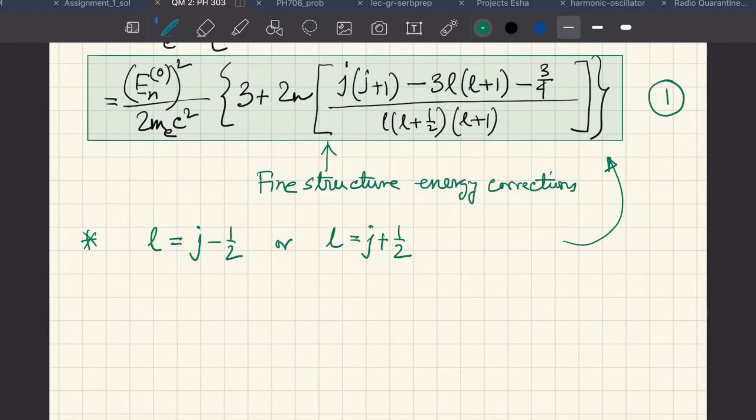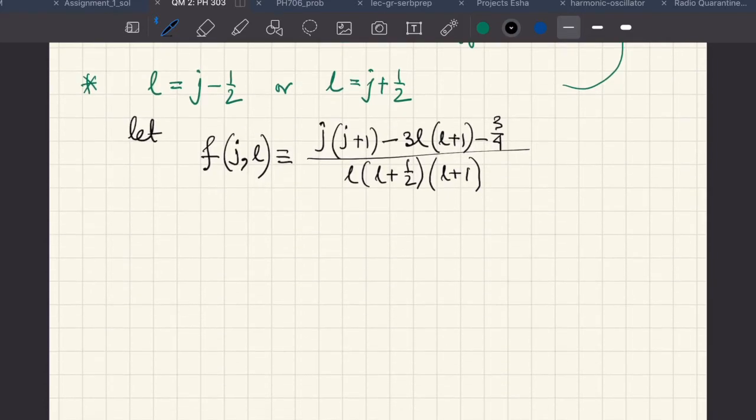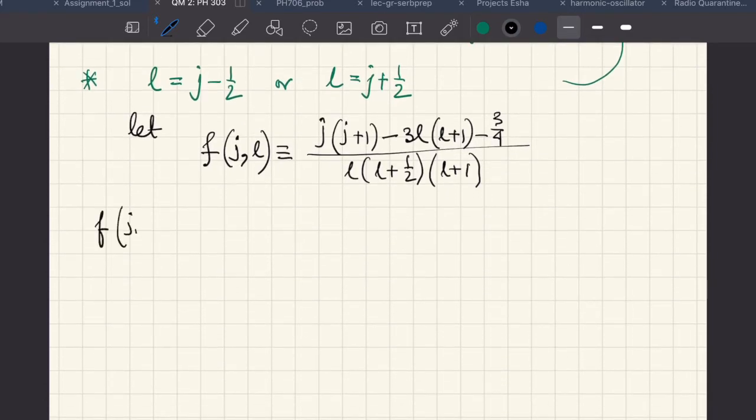So first, let me denote F j comma L as j into j plus 1 minus 3L into L plus 1 minus 3 by 4 divided by L into L plus half into L plus 1. Once we have defined this, our life will be simpler, because now we are going to evaluate F j L for L equal to J minus half.